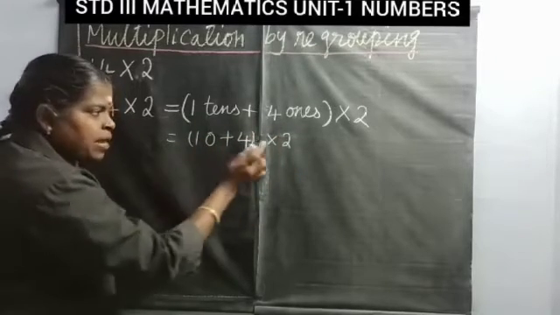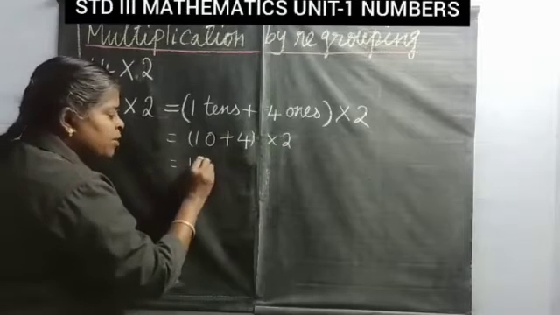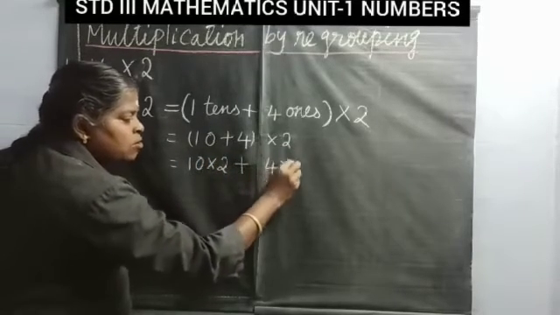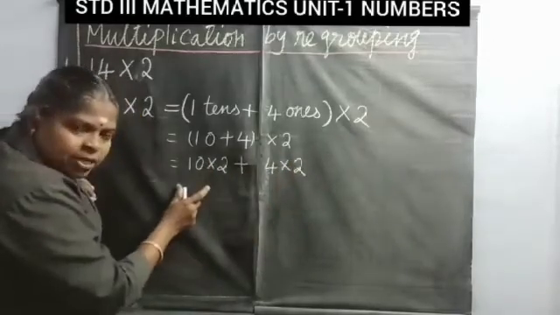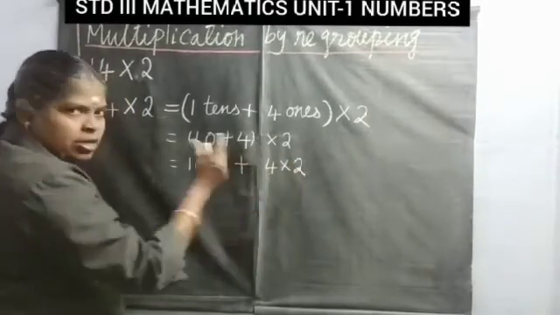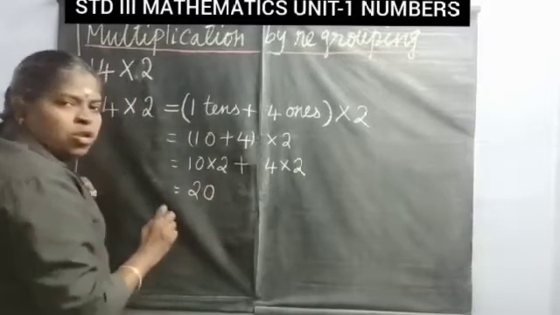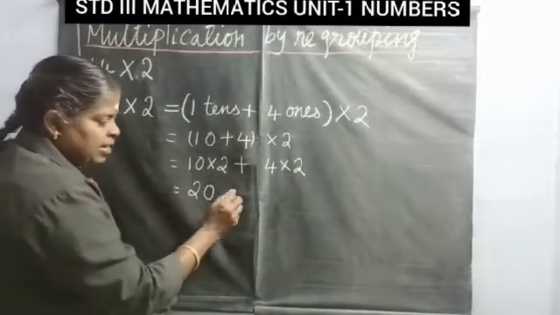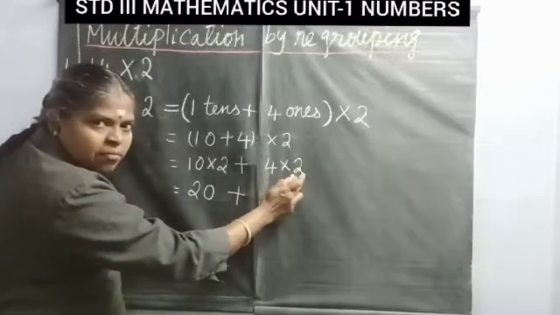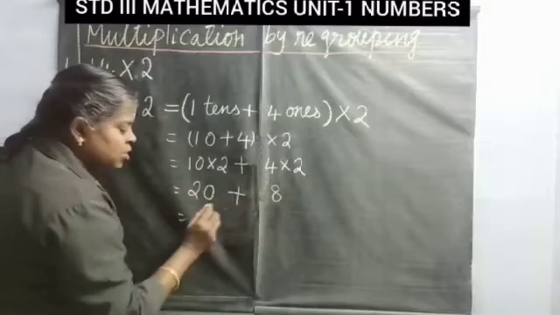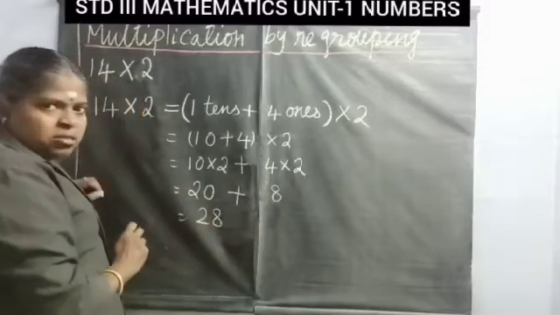First we can multiply 10 into 2, plus 4 into 2. So 10 twos are 20, plus 4 twos are 8. So 20 plus 8 equal to 28.